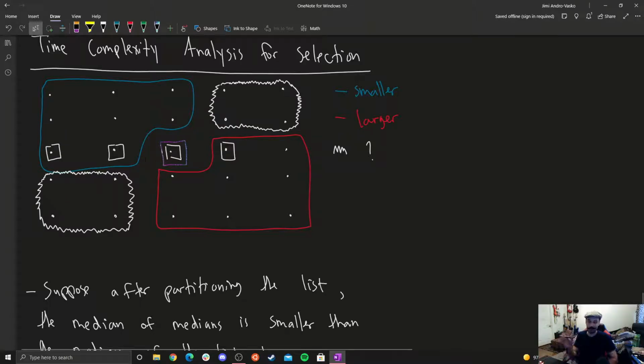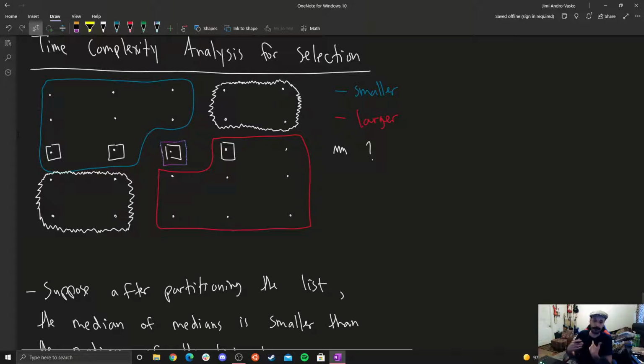So no matter what we do, if we partition the list and the median is smaller, these red elements for sure will be on the right side, and we'll assume in the worst case these squiggly line regions will also be on the right side. So only the blue elements are eliminated in that case.